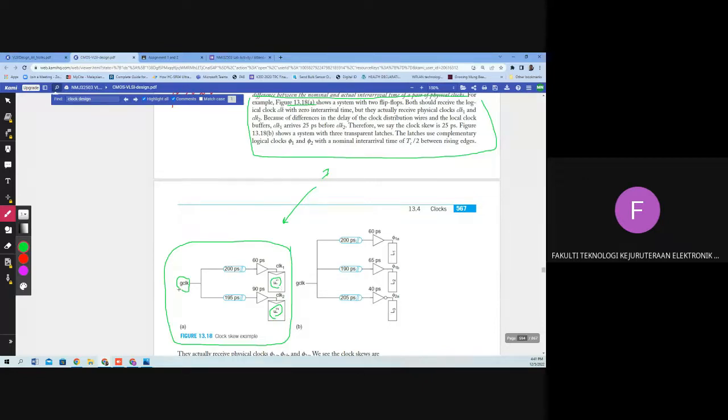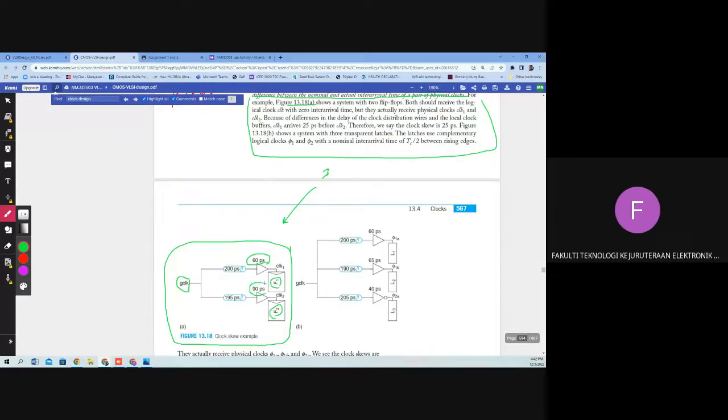We need to supply a clock from the main resources here to the clocking elements inside our chip. The clock derived from the main clock is CLK1 and CLK2. Then we have a buffer here, with a delay of 60 picoseconds for the first buffer and 90 picoseconds for the second buffer.